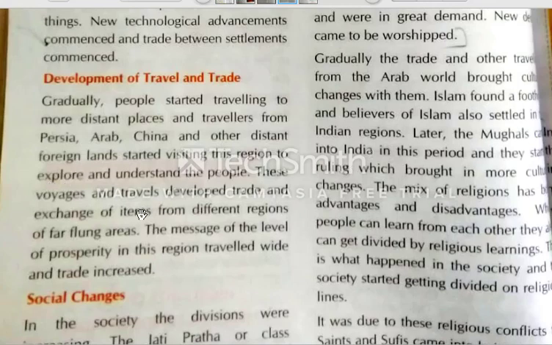These voyages and travels developed trade and the exchange of items from different regions of far-flung areas. When people started moving from one place to another, they also started talking to each other about which type of food was there in their countries. So they started getting to know each other. They also provided to each other.